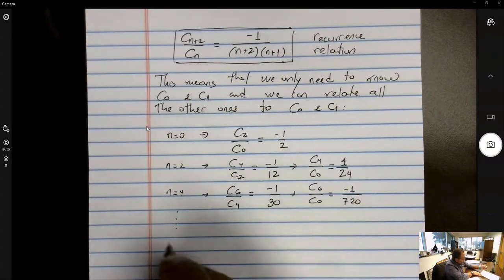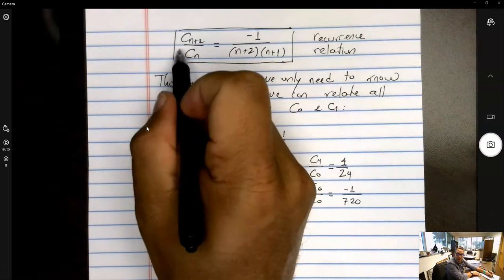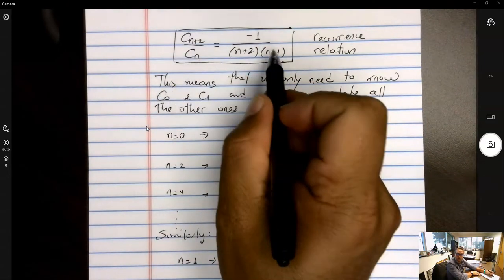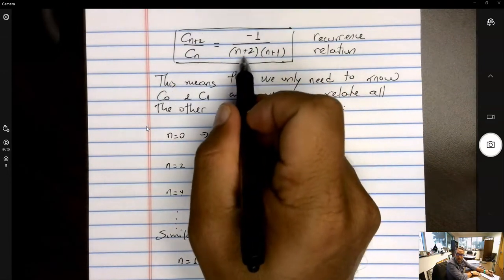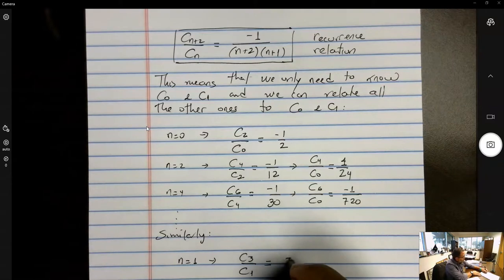Similarly, I can do this for the odd terms. I can say at n equal 1, C3 over C1, again with this recurrence relationship, is equal to minus 1 divided by 3 times 2, so minus 1/6.